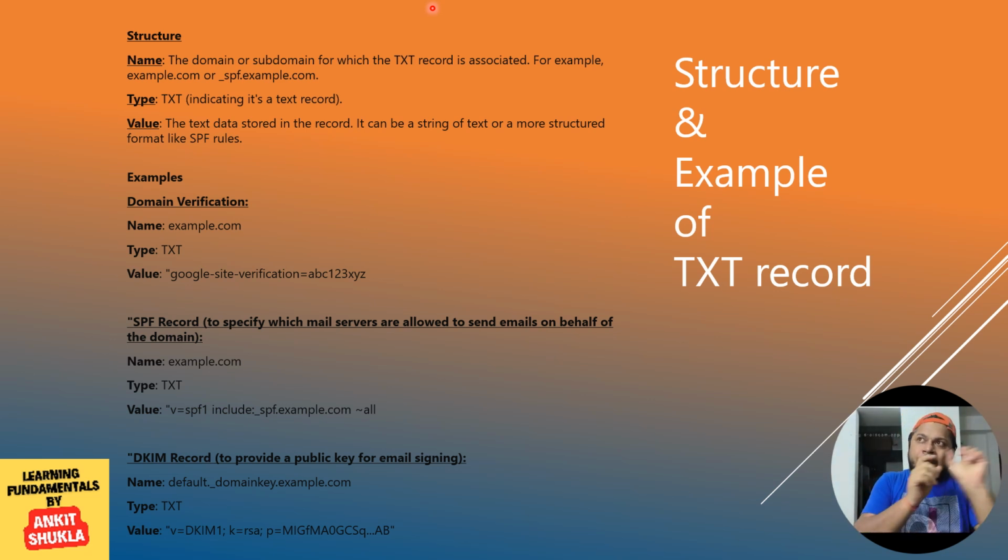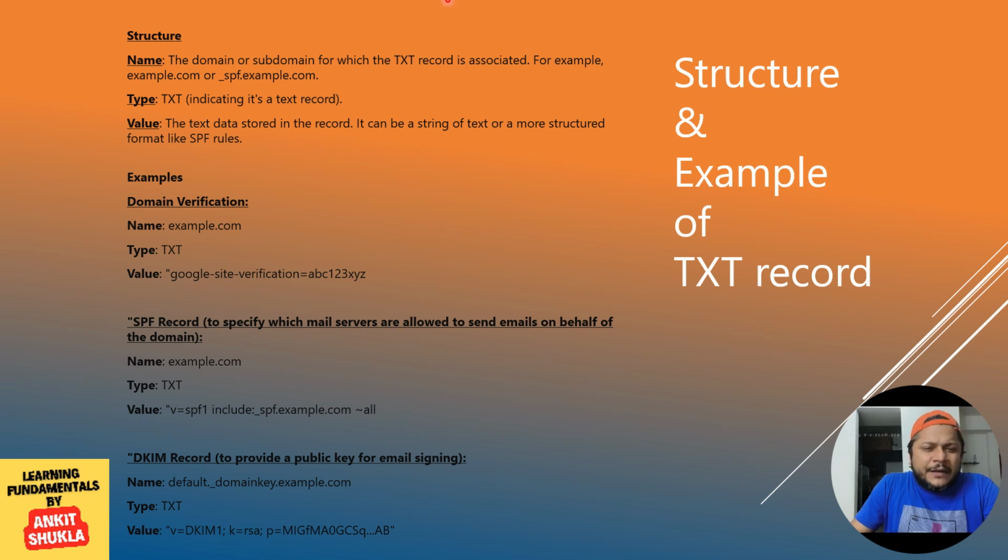The name would be example.com, the type of record would be TXT, and then the value is whatever Google gives me to update on my authoritative server, wherever my domain was purchased or hosted. I need to update that record. So this is the value of that TXT that Google provided me to update.